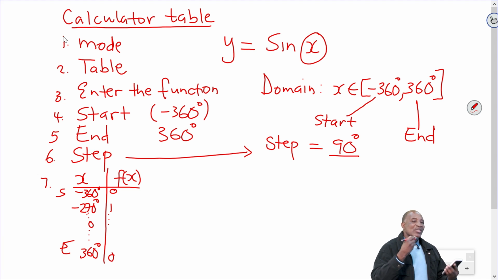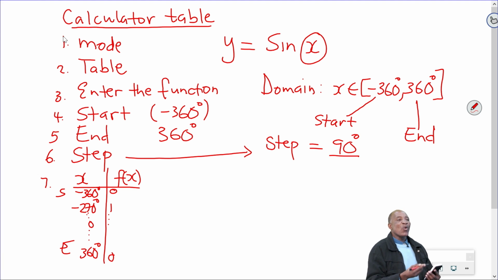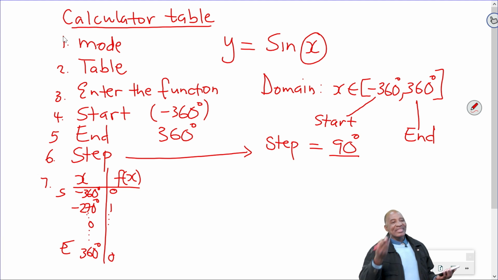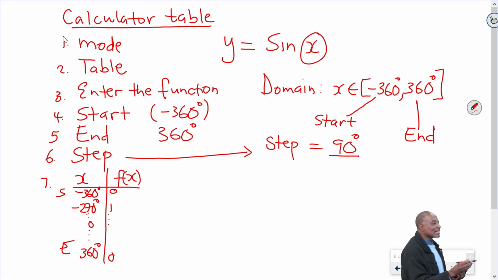Having done that, once you say enter, a table will appear on the screen with all angles paired up with an output value, which is just a number. On one side, that is your x values, your angles. On the other side of the table, that becomes your y values. So it means you are now going to have an ordered pair.